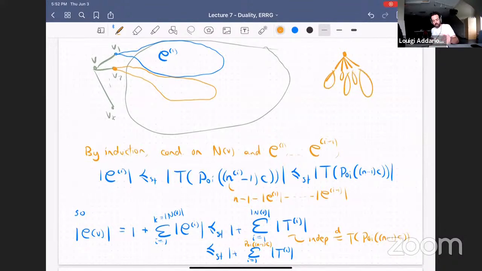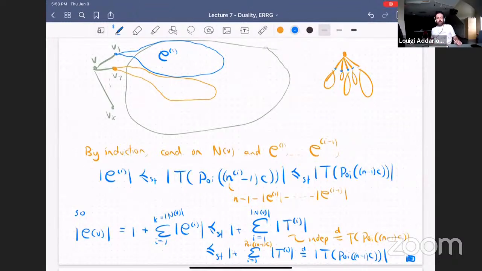So this expression on the right is exactly, by doing a one-step recursion on a branching process, the same as the law of a Poisson (n minus 1)/c Galton-Watson tree. Okay, so that's the whole proof.